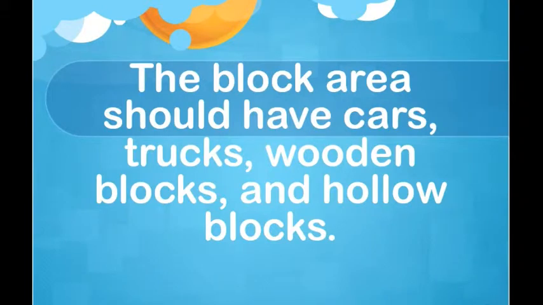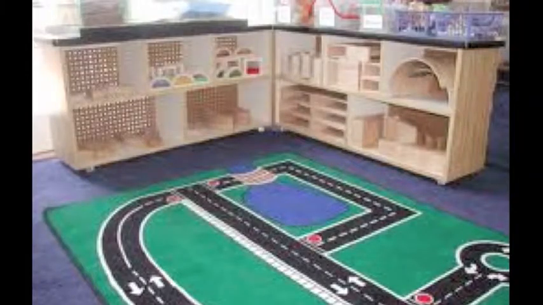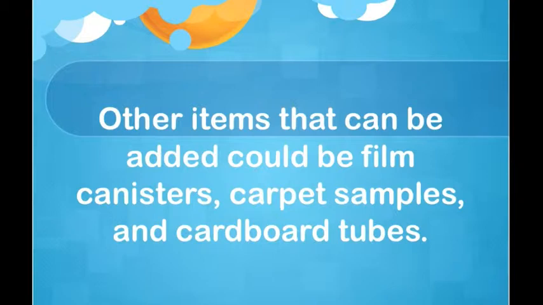The block area should have cars, trucks, wooden blocks, and hollow blocks. Other items that can be added could be film canisters, carpet samples, and cardboard tubes.